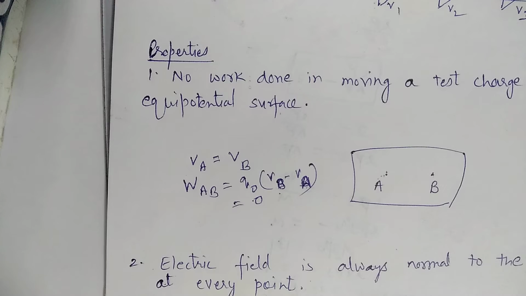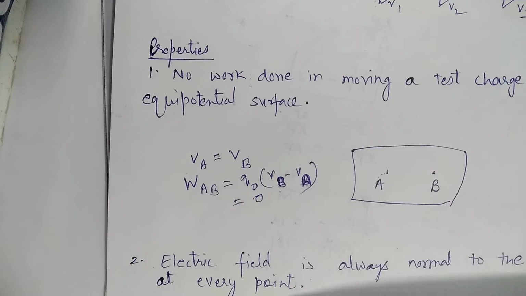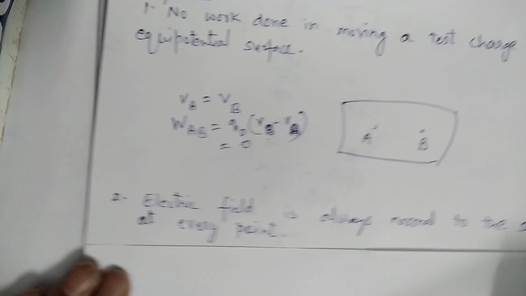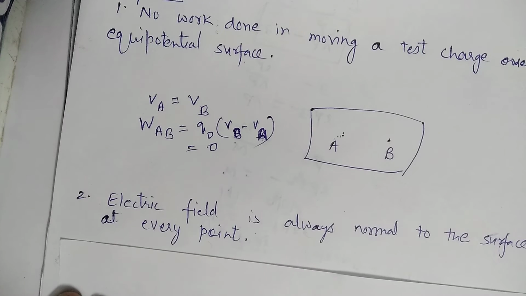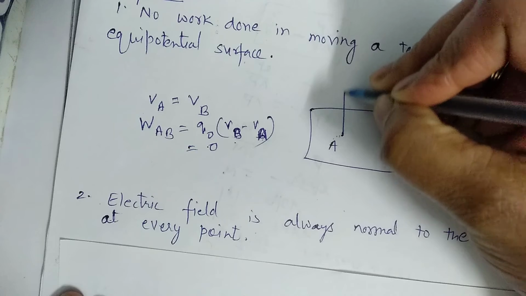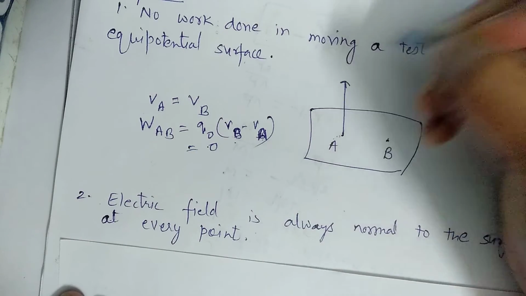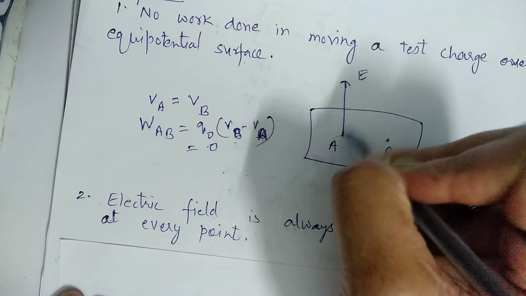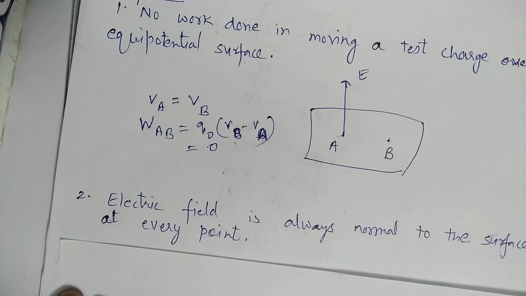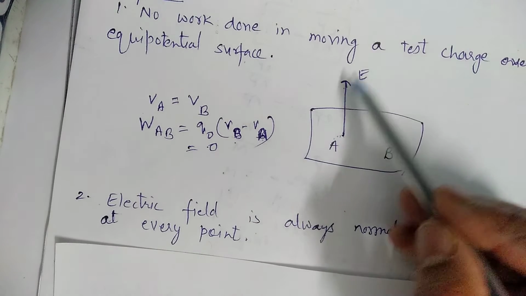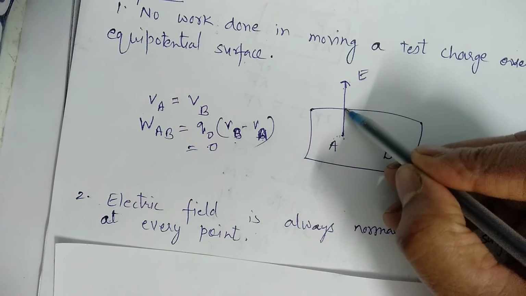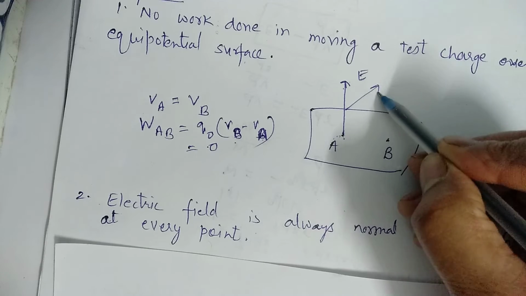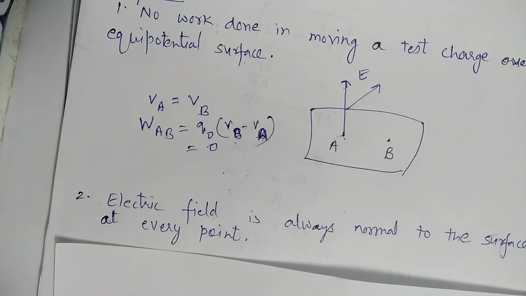The second property is that the electric field is always normal to the surface at every point. That means the electric field will be normal to this surface. Now to understand it, let this electric field not be normal to this surface. It means at this point, this electric field will make an angle to the surface.